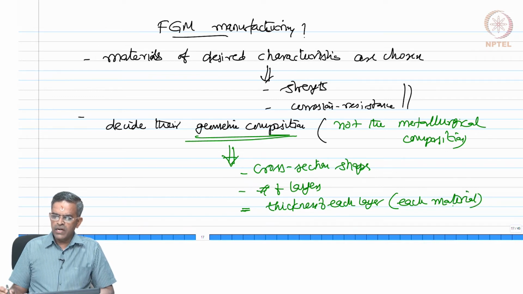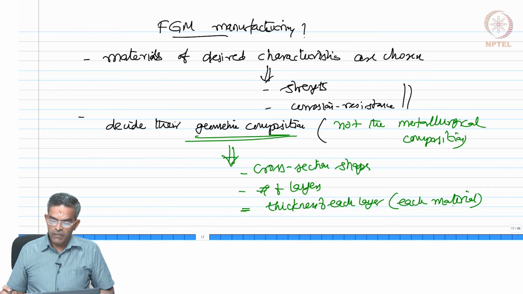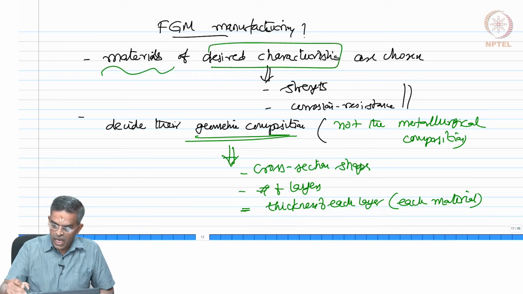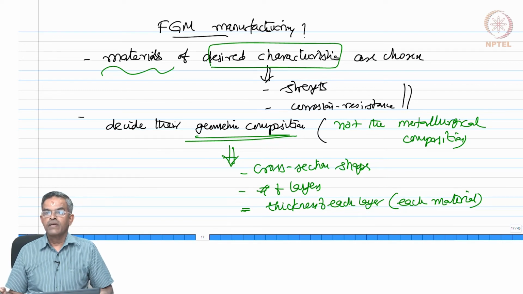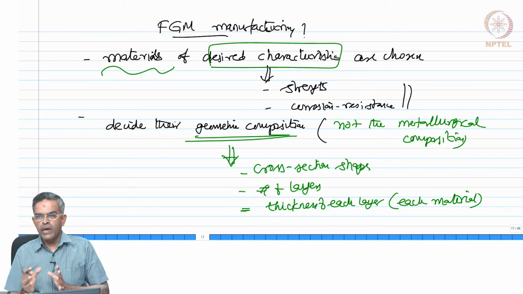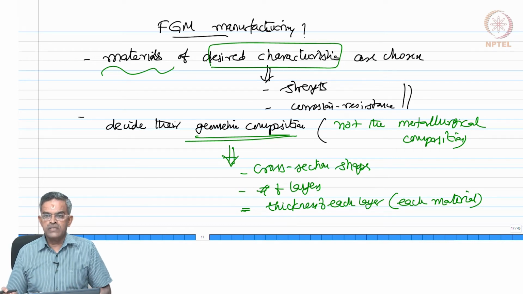So, in the functionally graded material concept, we pick up different materials of our choice having desired characteristics, and then we unify, join and fabricate them together using the CMT based wire arc additive manufacturing technique.